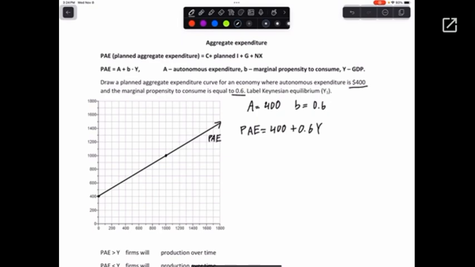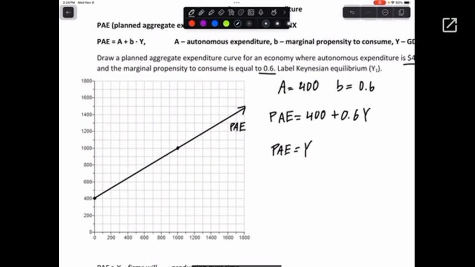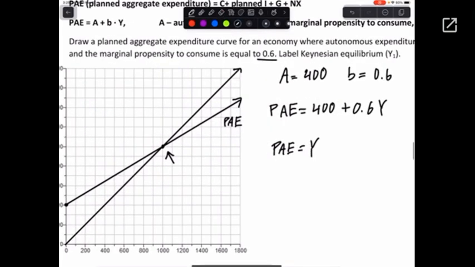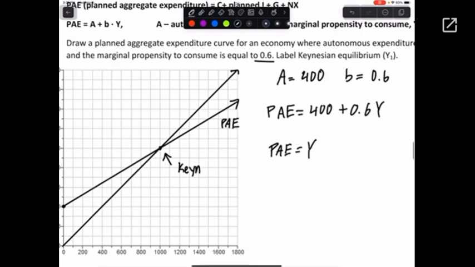Now, we are going to also graph the line where planned aggregate expenditure equals national income, or GDP, or output. And where these two lines intersect right here is the Keynesian equilibrium.